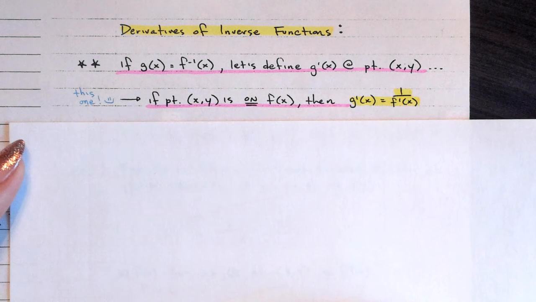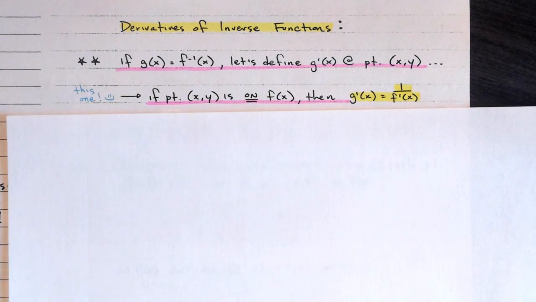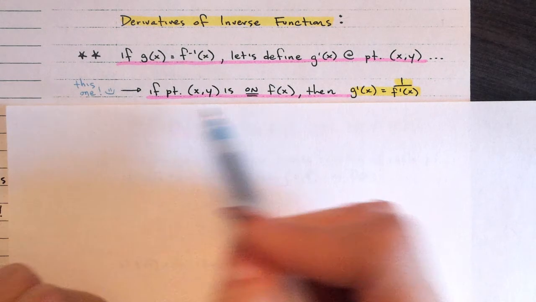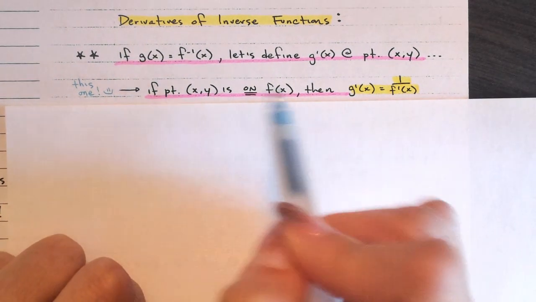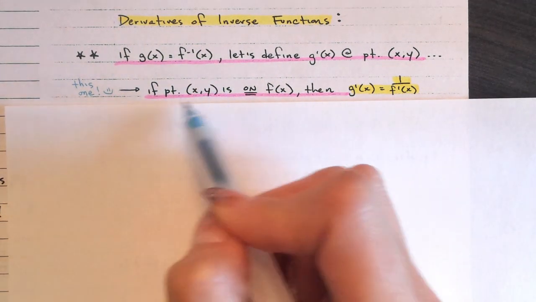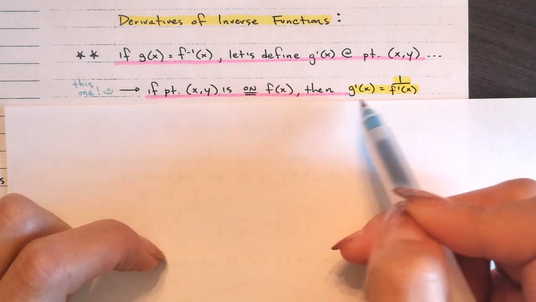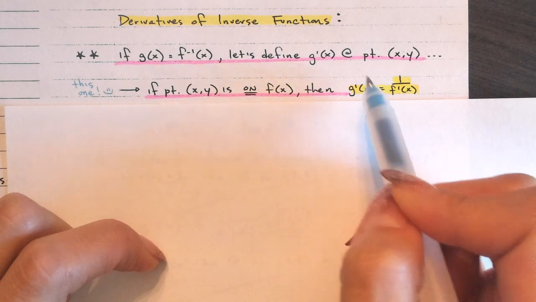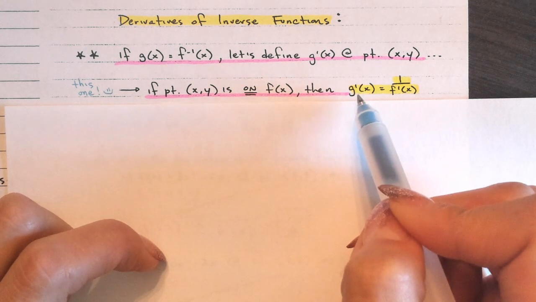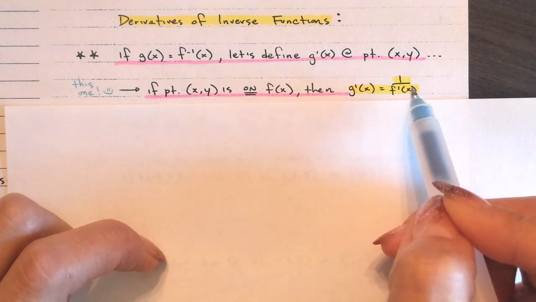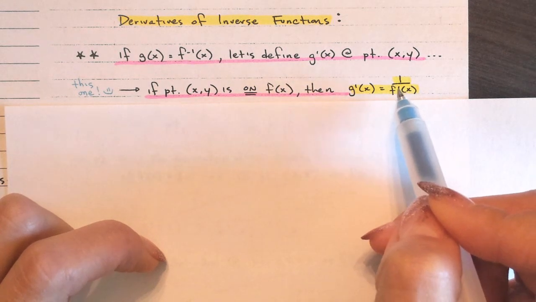So this says, if the point is on f of x, so I really want that point to be on f of x, then the derivative of the inverse of f, that's g prime, is going to be 1 over f prime of x.